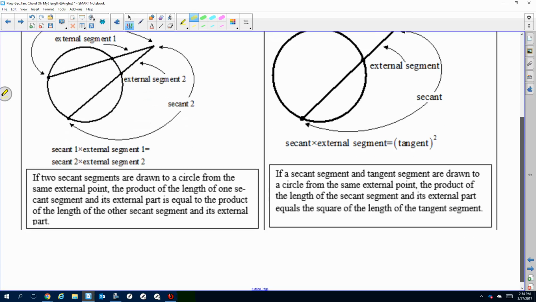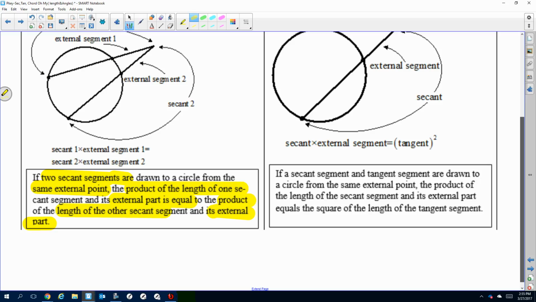If you have two secants from the same external point, then the product of the length of one secant and its external part is equal to the product of the length of another secant and its external part.